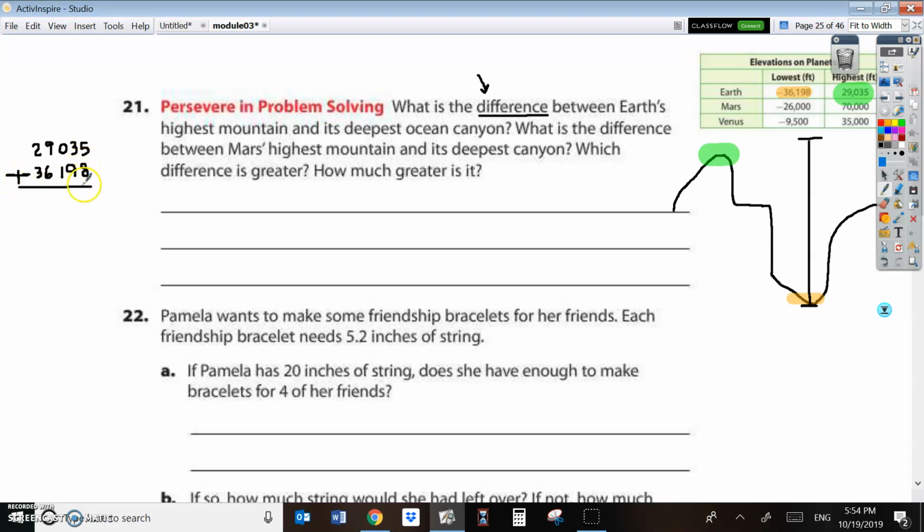And now 5 plus 8 is 13. 1 and 9 is 10, plus 3 is 13. And then 2. The comma. 9 plus 6 is 15. 65,233 feet.